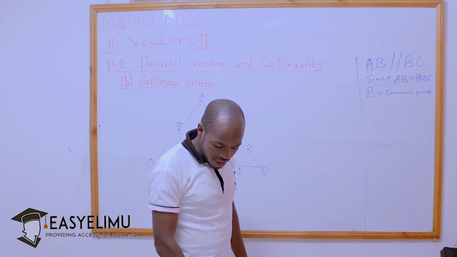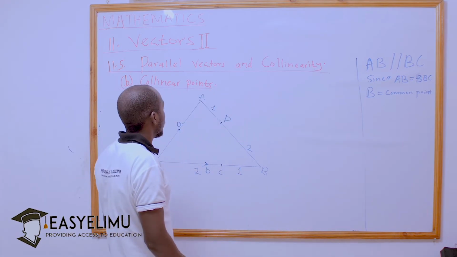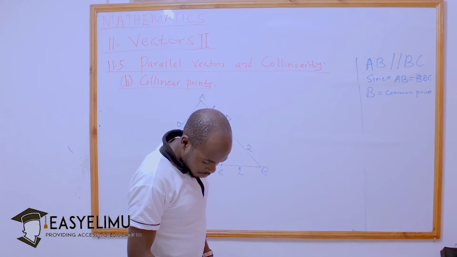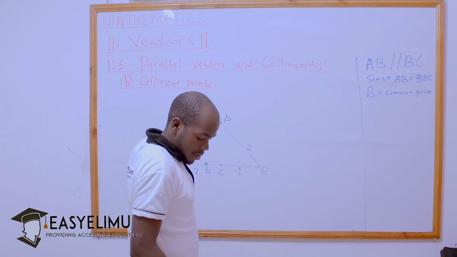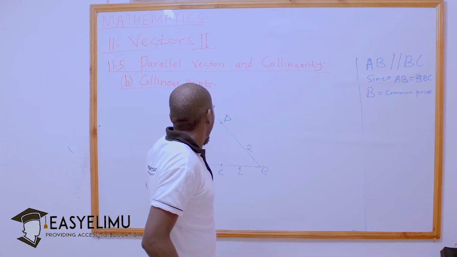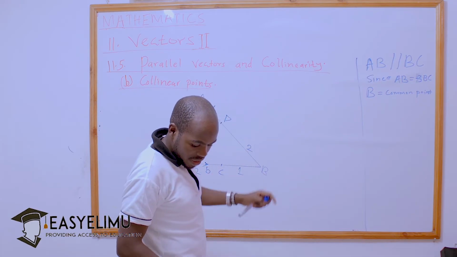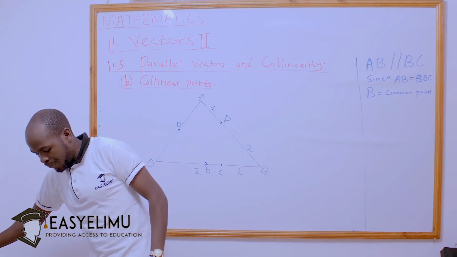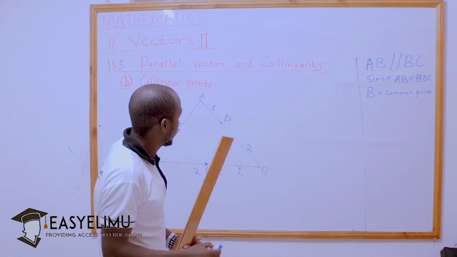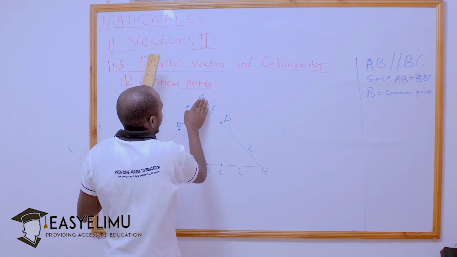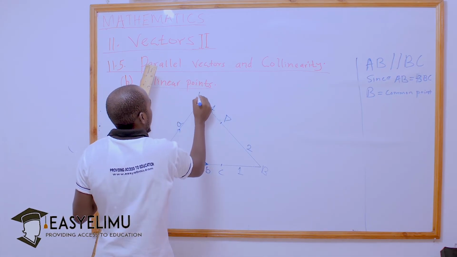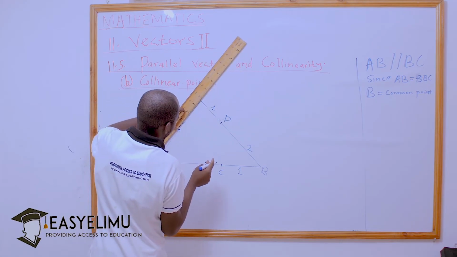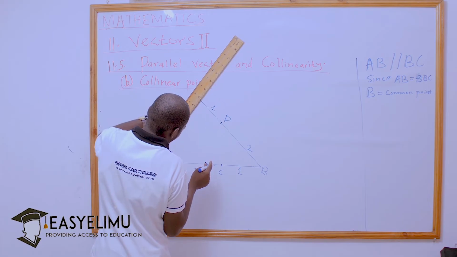And then we have E lies on OA produced, such that OA to AE is 3 to 1. So let's draw that. We have OA produced, so I'm producing this one here. Remember in chords, that is circle, chords and tangents, we learned how to produce a line.